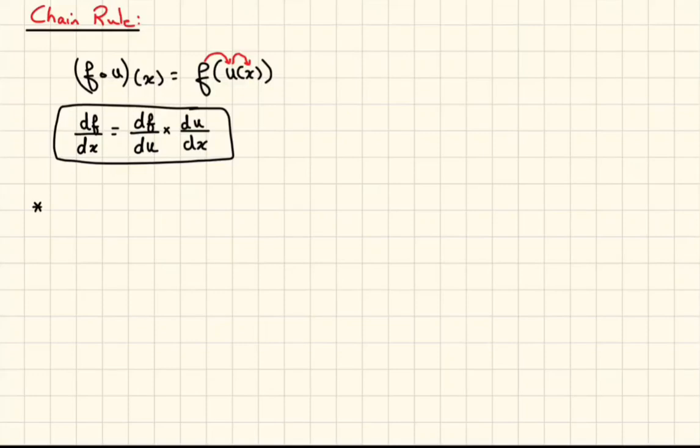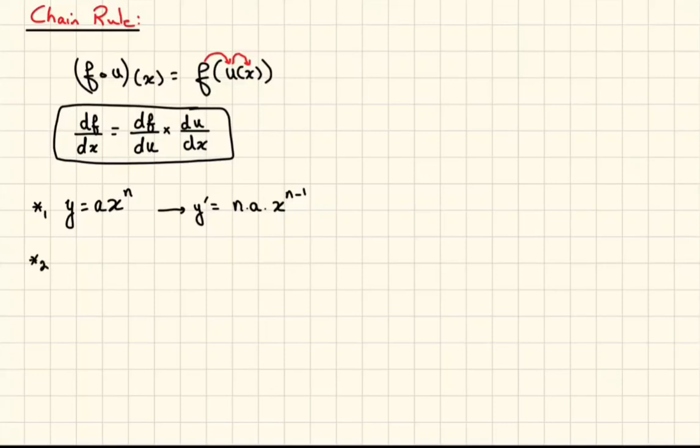Before that, I want to remind you of some rules. We know that if y equals a x exponent n, where a is just a constant number, its derivative is n multiplied by a x exponent n minus 1.